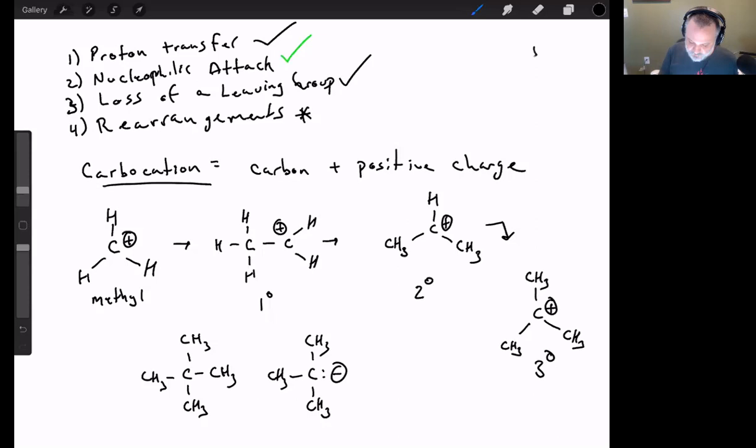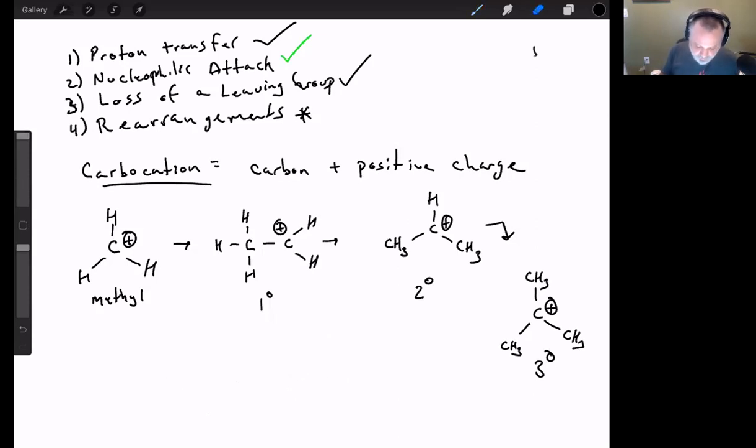Okay. Now I put the carbocations in the order that I have them in on purpose. And the reason that I have them in this order is because this is the order in which they are stable. So the methyl cation is the least stable of the cationic trend.